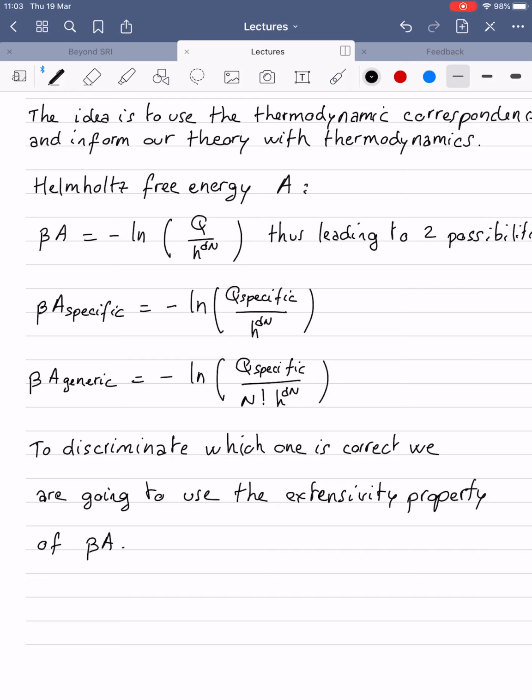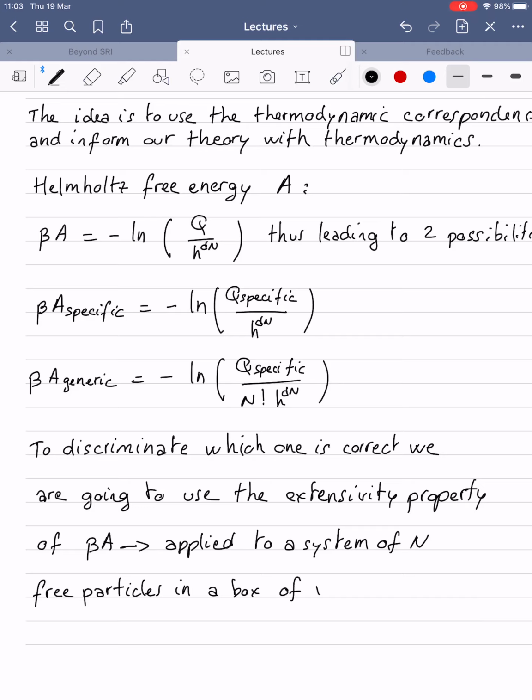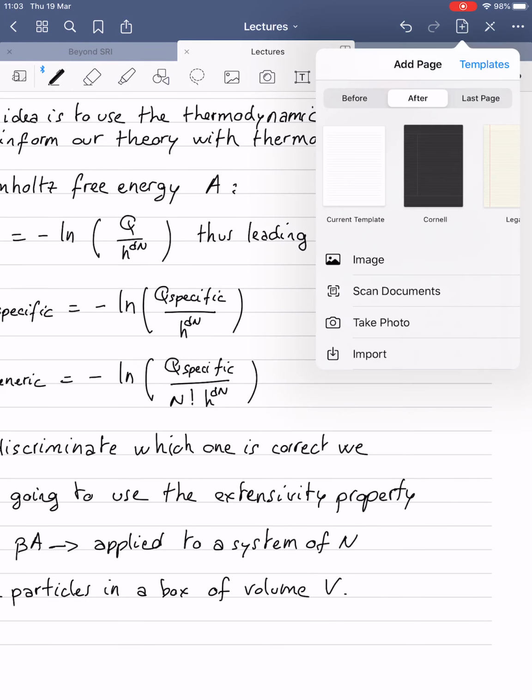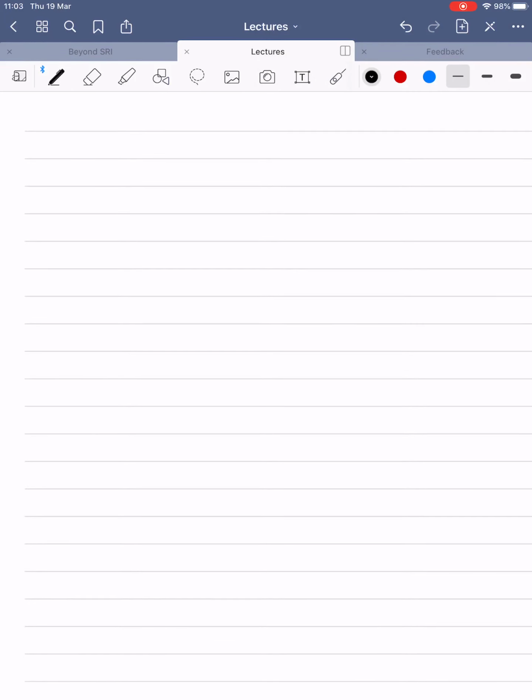So what I'm going to do here is apply this to a system of N free particles in a box of volume V. So what we know in that case is what Q specific is. This is something we have calculated multiple times.